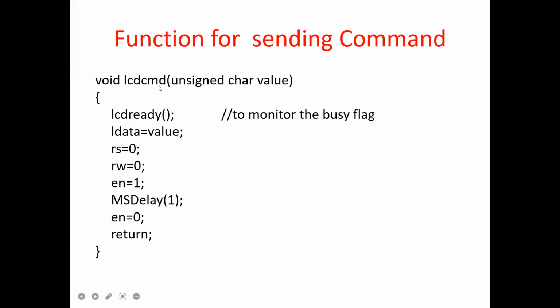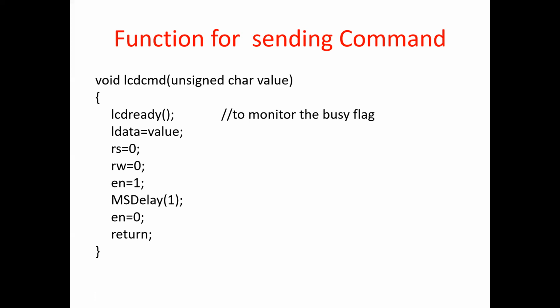So whenever the LCD command function is called, we check whether the LCD is ready or not, place the value on the data pins of the LCD, and give the information that it is a command by making RS equal to 0. We are sending data, therefore RW equal to 0. After placing data, we enable to latch the data into the internal register, and again make enable equal to 0.